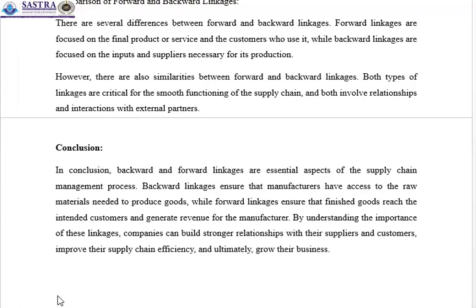Anyway, the forward and the backward linkages in the supply chain create a very good business environment, and by the way, you can earn lots and lots of profit.